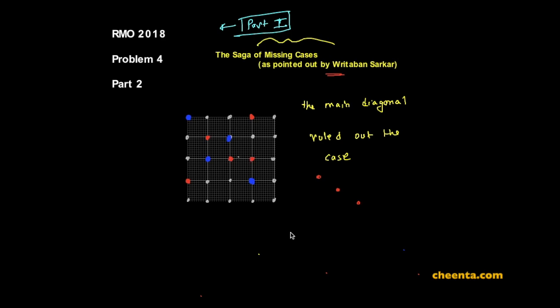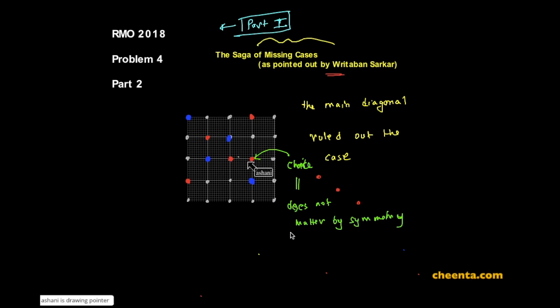So this is a choice, and it does not matter by symmetry. You can really rotate the figure. If I made this one blue and this one red, then I could just rotate the figure.